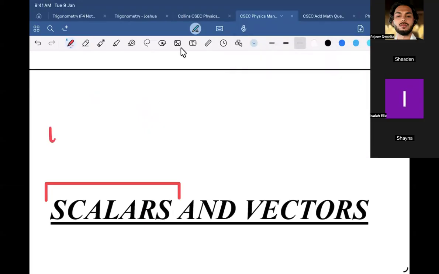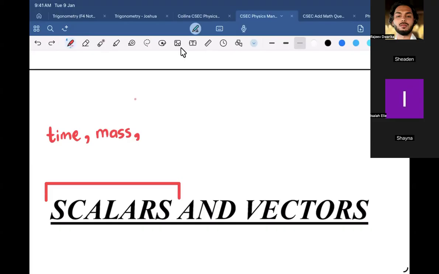Shay, could you give me another example of a scalar quantity? Mass. Isaiah, what's another example of a scalar quantity? Temperature. Actually, no. You could have negative 5 degrees Celsius, so temperature is not a scalar quantity.